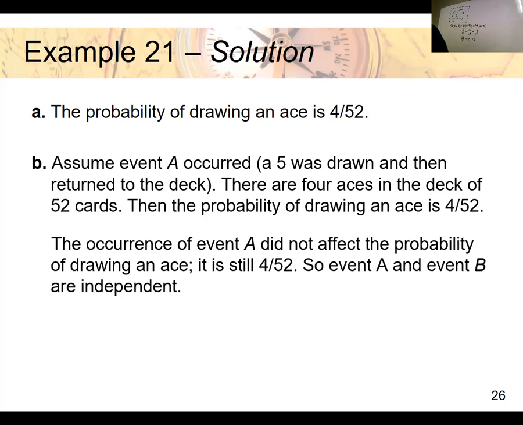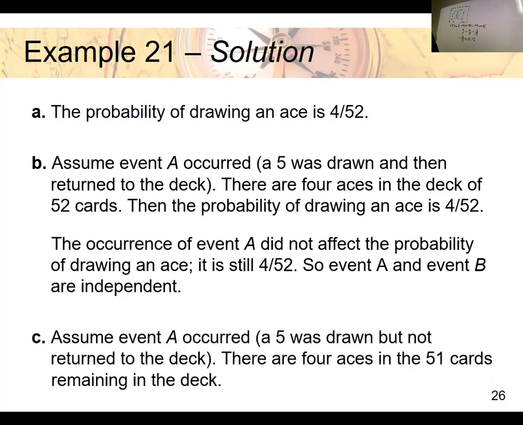Now for something that's dependent, it would be something like this, without replacement. That means on the first draw, whatever you draw out of that deck, you don't put that card back in. That means you're going to have 51 cards remaining to draw. So in this case, you assume that event A occurred, where a 5 was drawn and not returned to the deck.